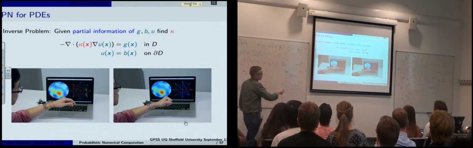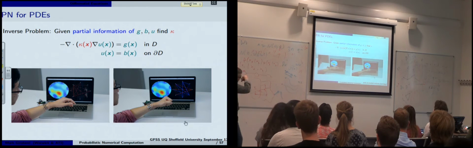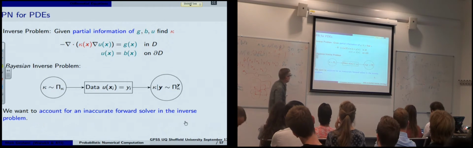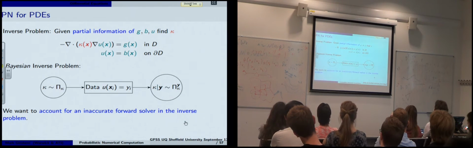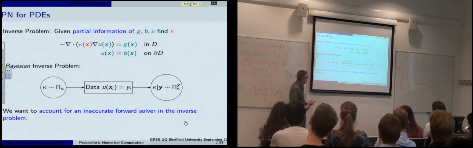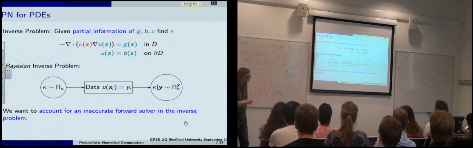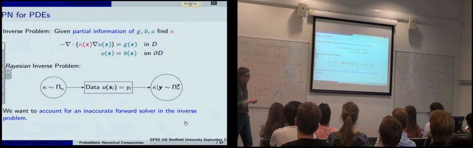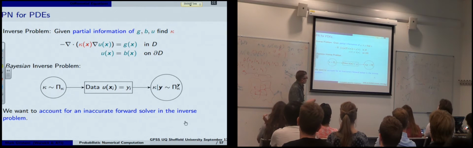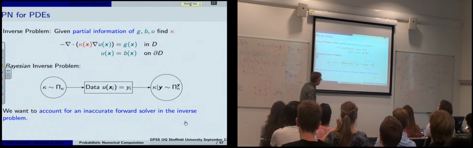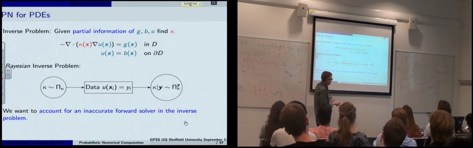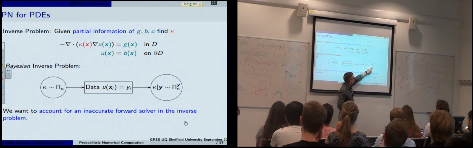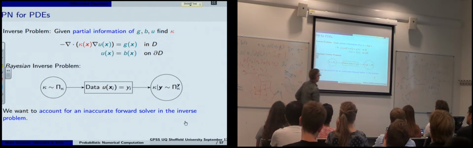Electrical impedance tomography is one practical example where this equation actually holds reasonably well. I'm sure you're all familiar with this, but the Bayesian inverse problem would say, we've got kappa, we're going to put some prior distribution on kappa. We're going to gather some data, y_i, and then given the likelihood and the prior, we turn the crank and induce a posterior over kappa given y.